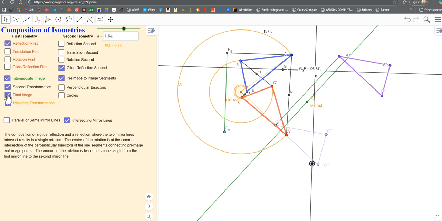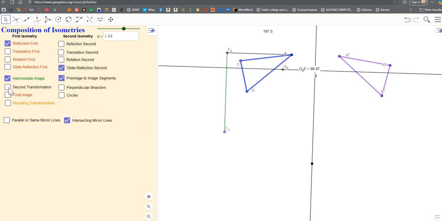There's a lot of stuff going on here. Okay, so there's our reflection. Let me get rid of this. That as well.